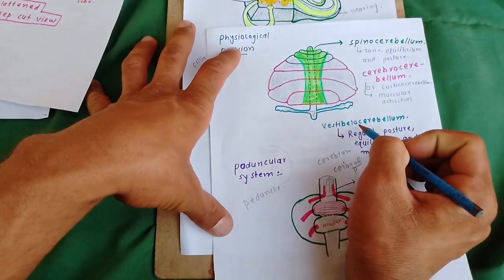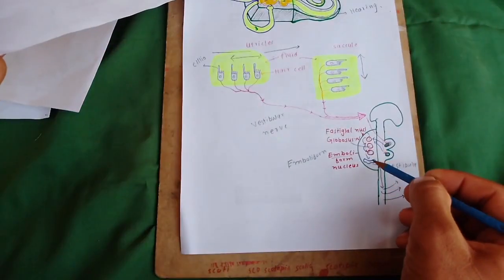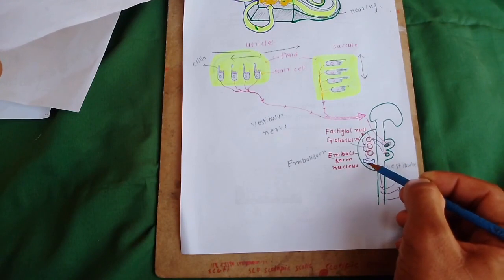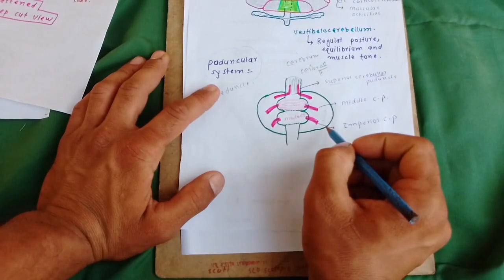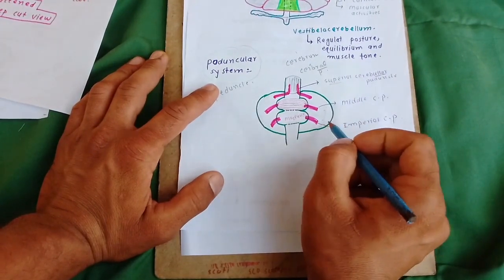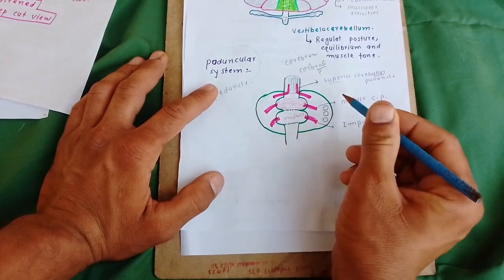This is the vestibulocerebellum. The message goes from this nucleus finally to this area, the vestibulocerebellum, with the help of the anterior cerebellar peduncle. So from one nucleus to another nucleus, and another nucleus.